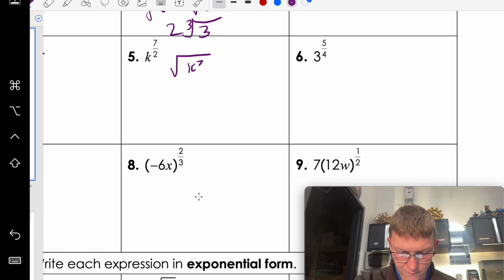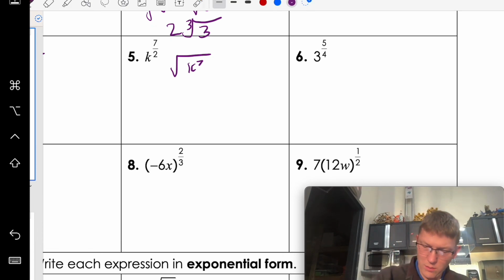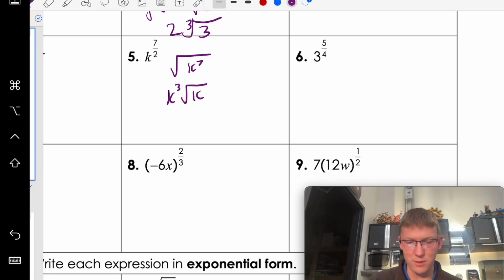Now, in previous lessons, I would have said, think about how many k squares you can get in there. You can get 3 k squares, so k to the 6th would be 3 k squares. Then k cubed comes out and you have 1 k left over. Something like that. So that is the answer.